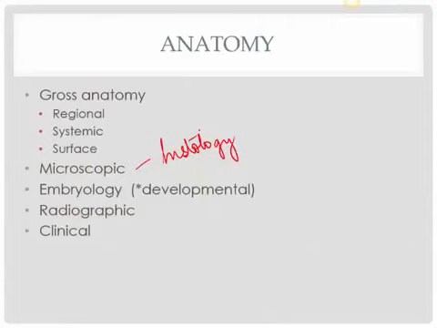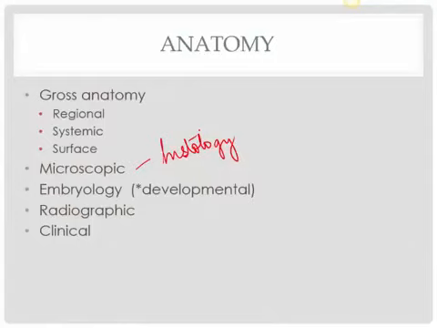Then we have radiographic anatomy. Nowadays that's really, really important. You've heard of people having CT scans, general x-rays, ultrasounds, PETs, magnetic resonance imaging. So all of this comes under radiographic anatomy, where you can look at sections. You're using sound waves for ultrasound, or you're using x-rays, for example, regular x-rays and so on.